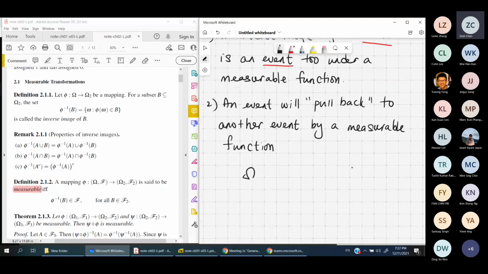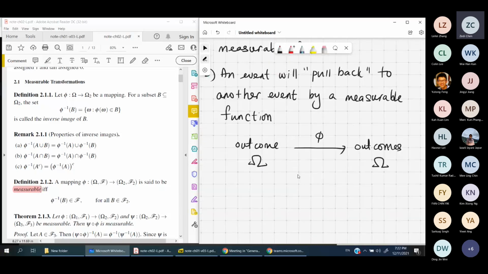So the idea is like that. First of all, you have an outcome in here. You push forward to another outcome here. So push forward, and then if you pull back, this is my φ. However, when you come to the inverse, then you have F2.